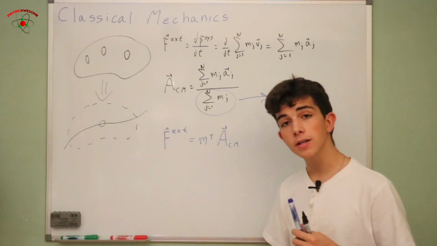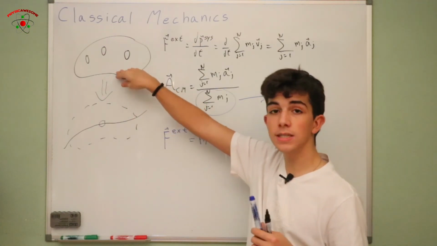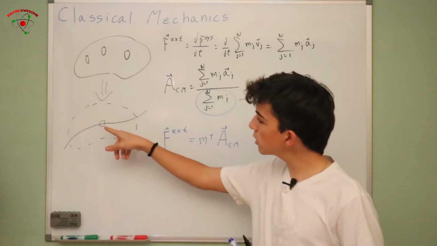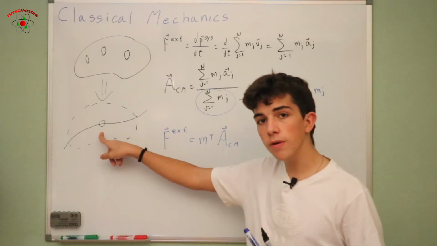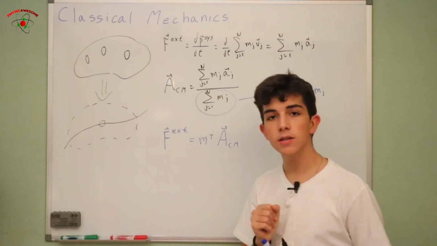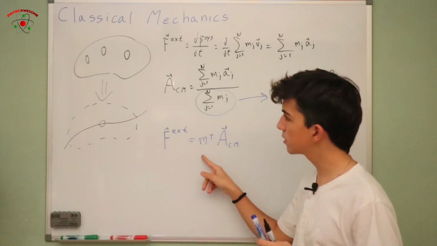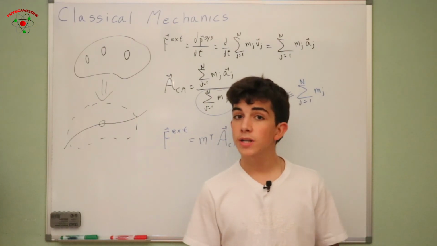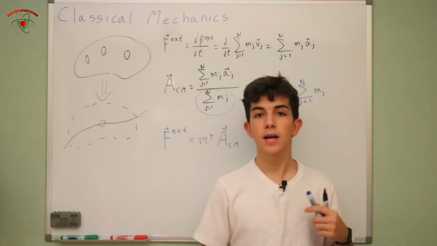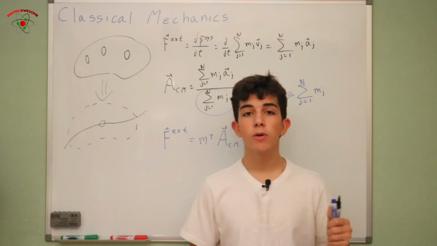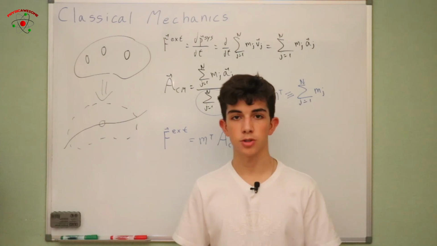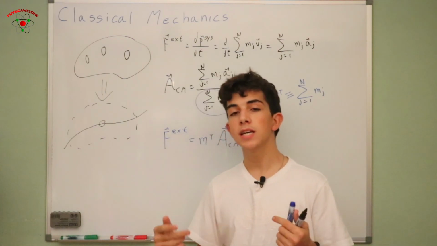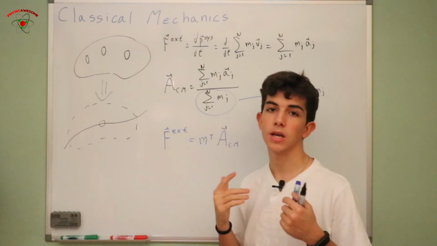So in fact, we can treat this system of particles, as long as they stay more or less together, as a point particle that is moving along the position of the center of mass with mass mt. And this is something we have been using for all of our physics career, for example, when we generalize planets as point particles. And finally, we have been able to justify this assumption. All this procedure can be taken to continuous systems just by doing the substitutions that we announced earlier.